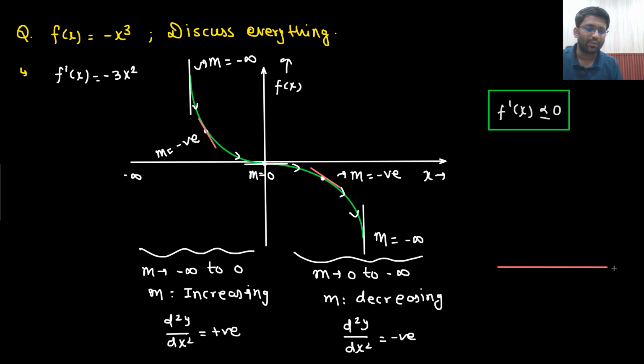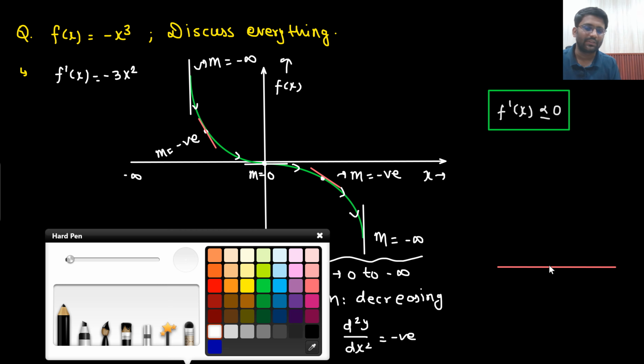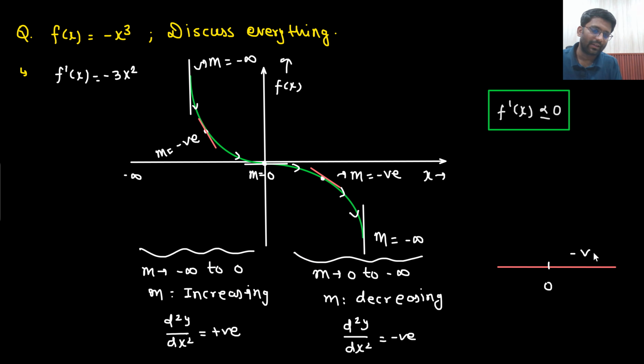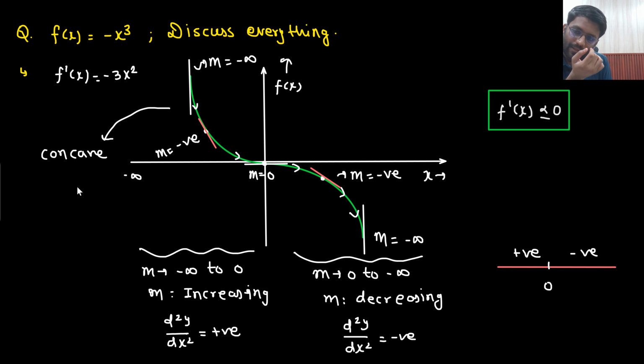What does that mean? Sir, at x equals to 0, again your d2y by dx2 is changing the sign, and you can sense one thing: concavity is also changing. This graph is looking upward. So this is concave upward.